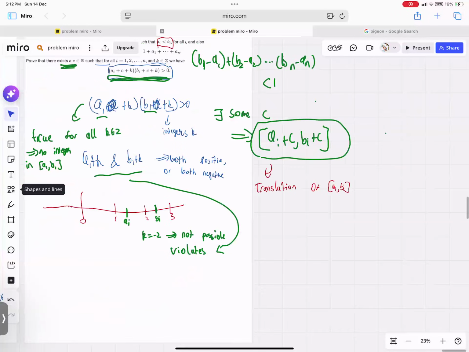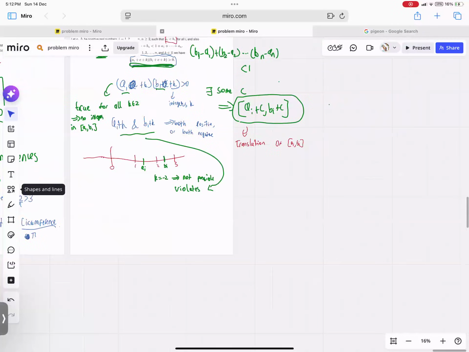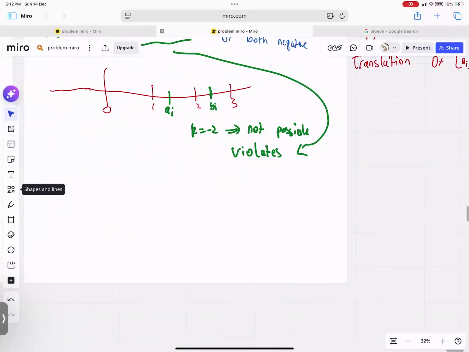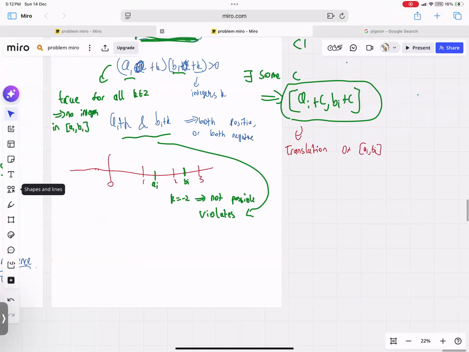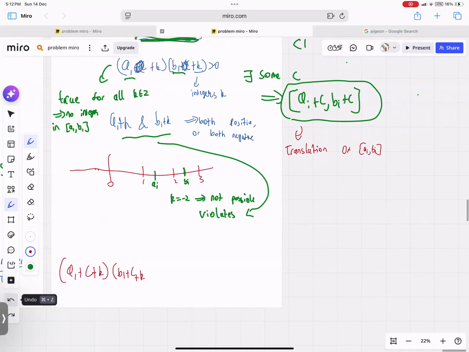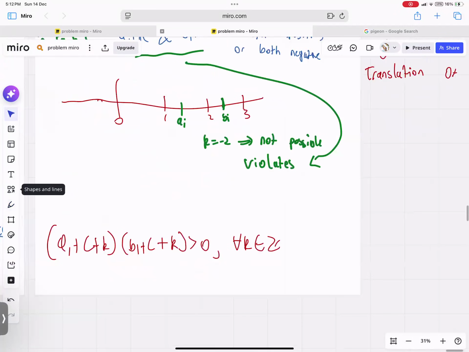Okay, let me repeat what I've done here. I'm assuming that is your doubt. So let's denote x. Say we have that for some c, a1 plus c plus k times b1 plus c plus k is at least 0 for all k belonging to Z. What does this mean?